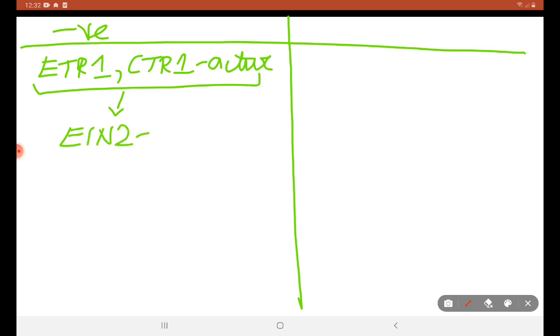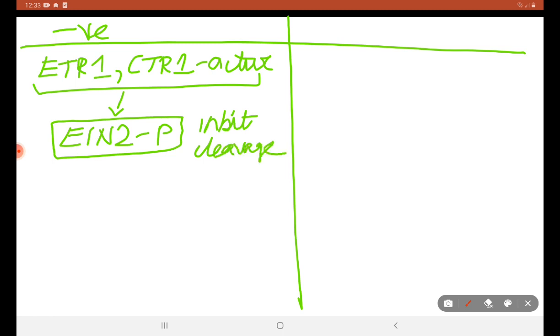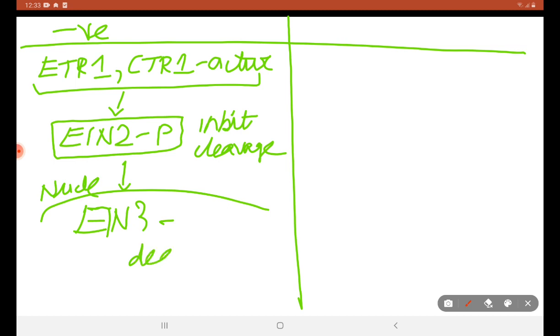EIN2 is phosphorylated and inhibits cleavage. Then EIN3 in the nucleus undergoes degradation, that is, polyubiquitinylation-mediated proteasomal degradation.